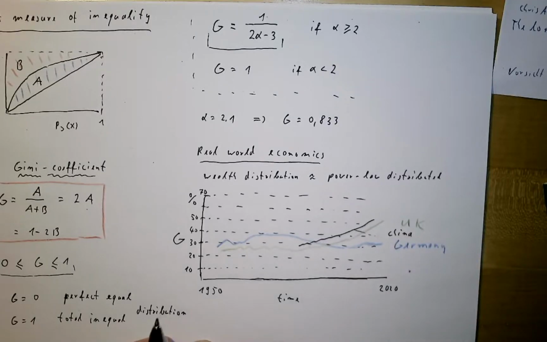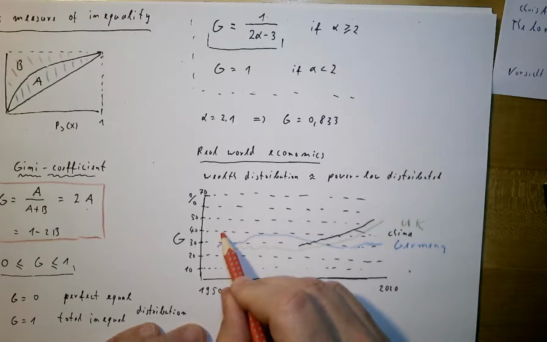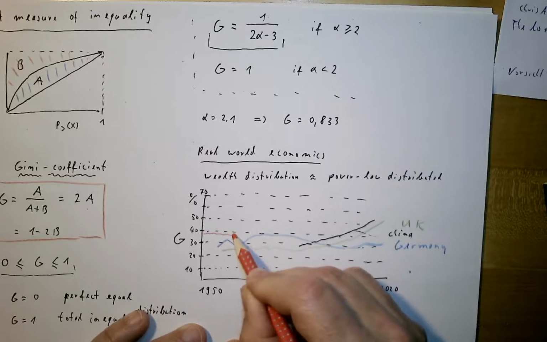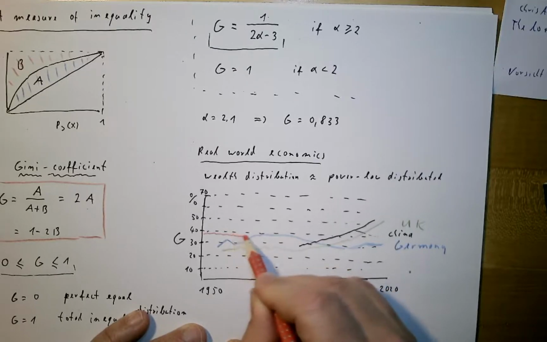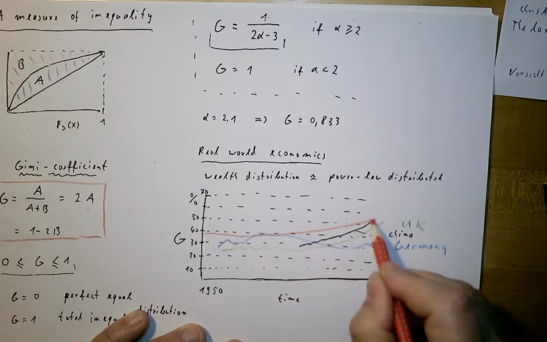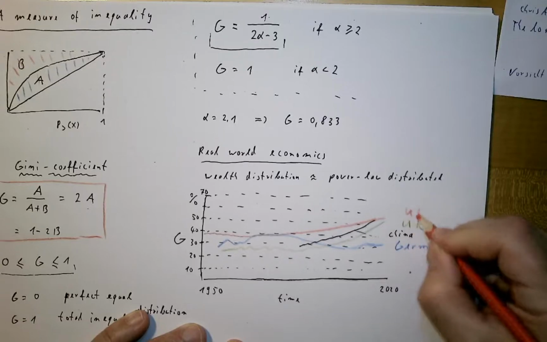So the question, of course, is what is the US doing? The US was more unequal than, for example, Germany. In the US we have something like this, and then we also have a continuous increase in the Gini coefficient, in the range like in China. So that's the USA.